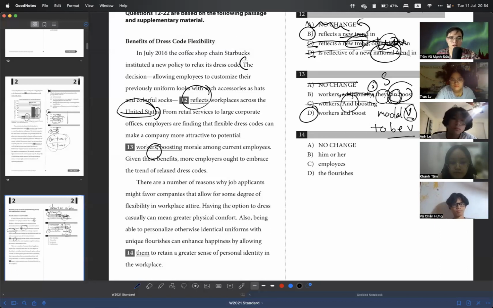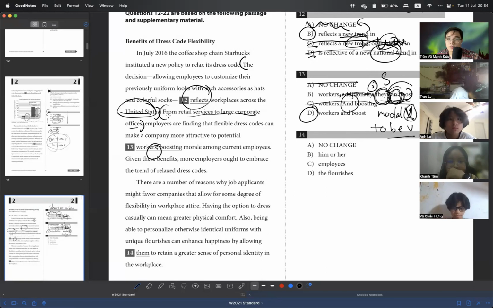So I will explain this. An said that this is not really a full sentence, but let's see. They is a subject and can is a verb. And also, look, from retail services to large corporate offices, this is what we call a modifier, because this supports the word employees.